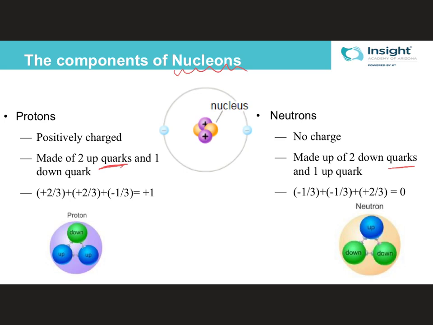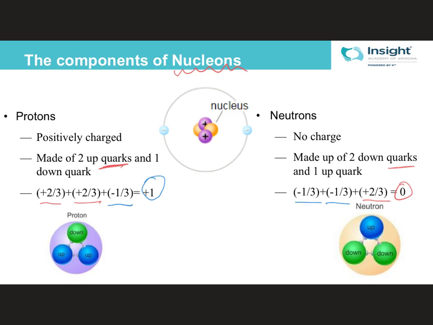Protons have 2 up quarks and 1 down quark. Those up quarks have positive 2/3 charge, and the down quark has a negative 1/3 charge. You add that together, that's how you get the +1. Your neutrons, on the other hand, have 2 down quarks and 1 up quark, and those negatives and positives cancel each other out to give us our overall 0 charge for a neutron.